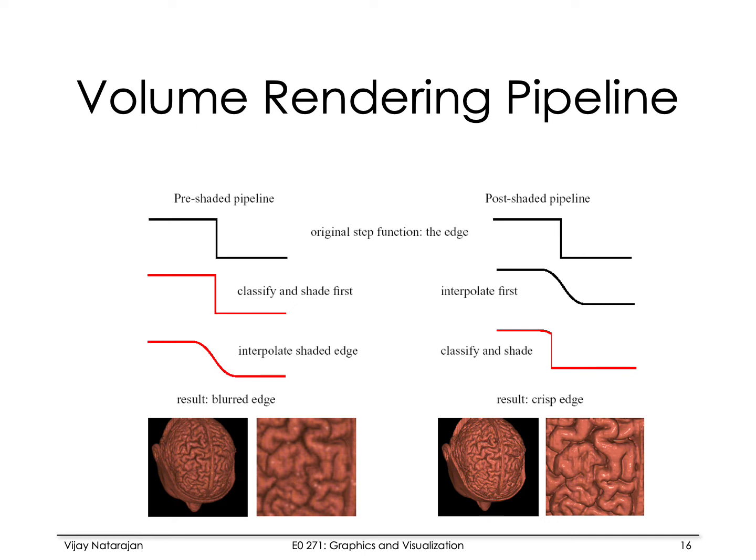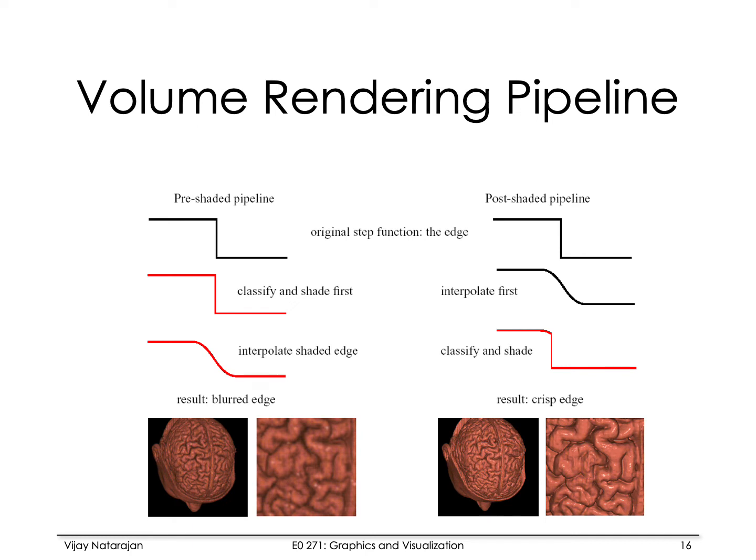This is shown as black on the left. Now, if we classify first and shade, the color also behaves like a step function. The color volume also behaves like a step function as we cross the boundary. Now, when we interpolate this boundary, this step function results in a smoother step, and hence we get a blurred edge.